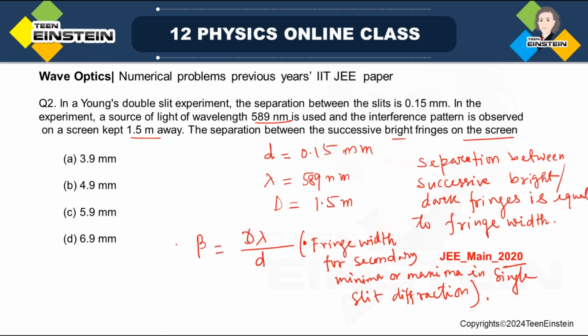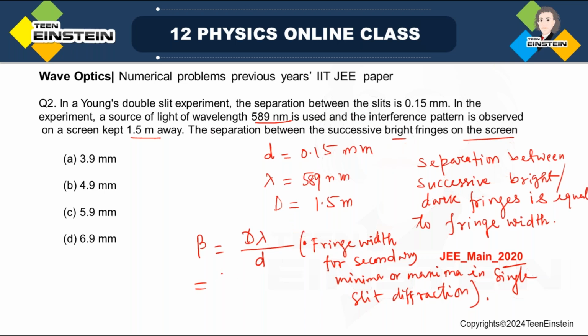Single slit diffraction, same formula actually. D is the separation between the slits and screen, lambda is the wavelength, and this is the slit width. In that place we just write a in place of d. Anyway, since all the information is given, you can just find that out.